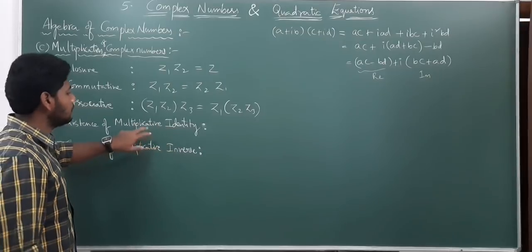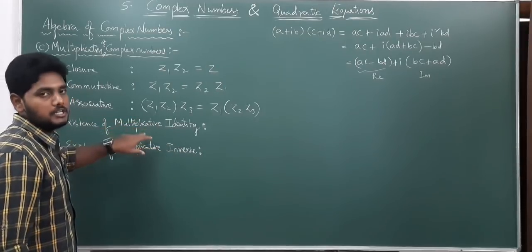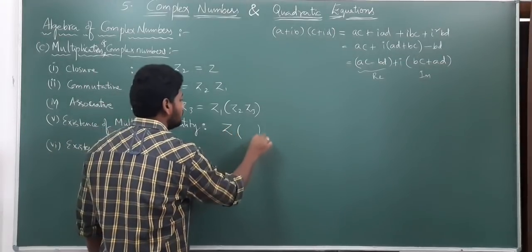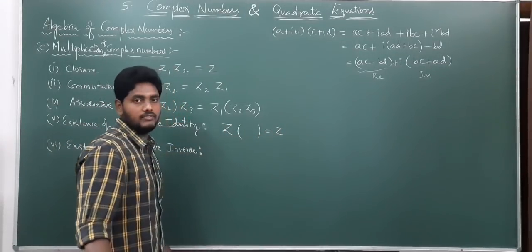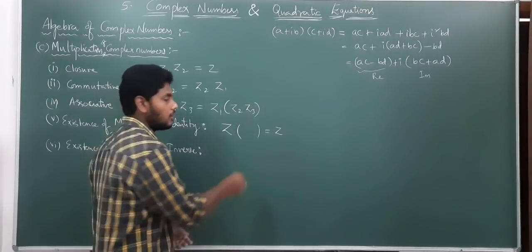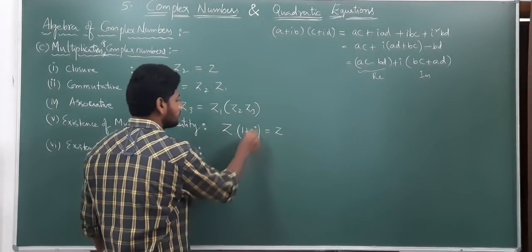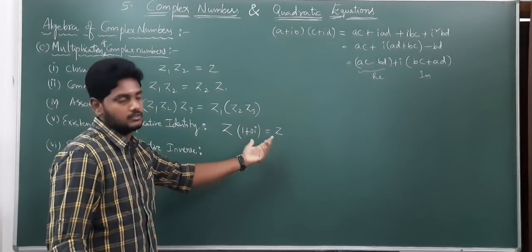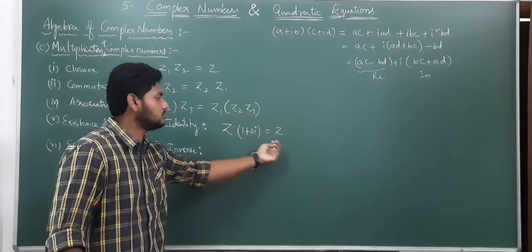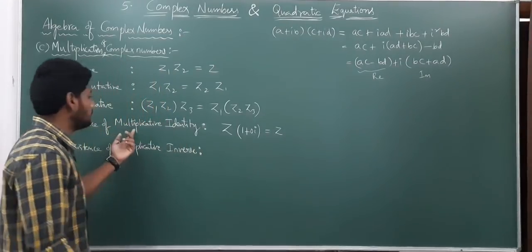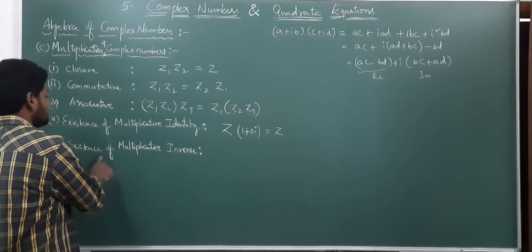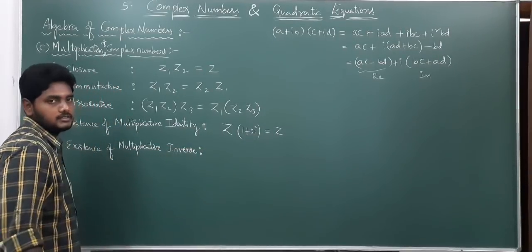In multiplication, what we multiply with should give the same number, so for Z we get Z. Obviously 1, which in terms of a complex number is 1 plus 0i. So Z into 1 is Z, plus Z into 0 is 0, which equals Z. That means the multiplicative identity exists, and it is 1.